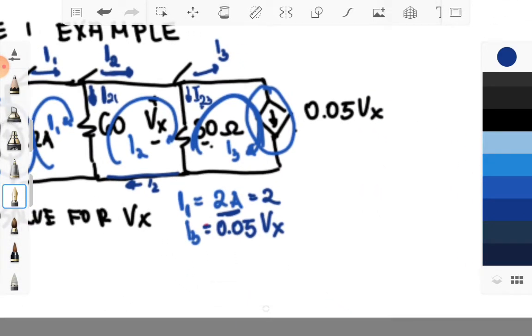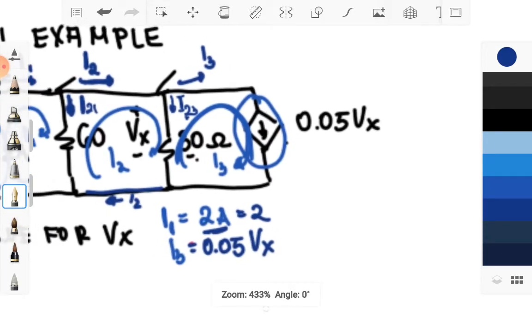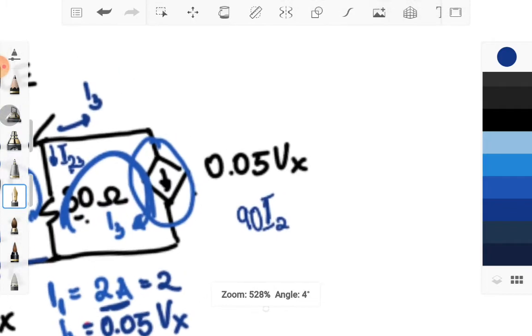So how do we solve that? So basic, di ba? Yun yung inspection. So i-add natin ng lahat ng resistor na nasa loob ng I2, which is basically your 60 and 30. So therefore, I will have a 90 multiplied by the loop that we are referring to. So 90 I2. So lalagyan natin ng title, mesh or KVL. KVL at loop 2.